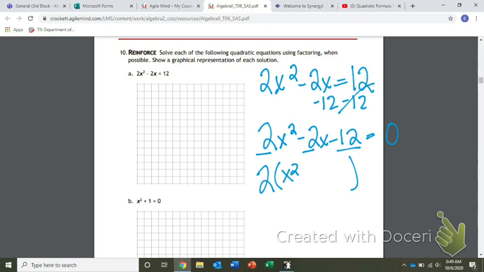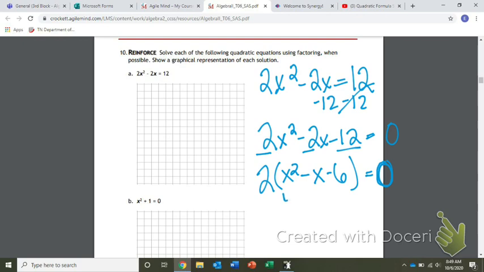If I want a negative 2x, but I just have a 2, I need a negative x. If I want a negative 12, but I just have a 2, I need to add a negative 6.